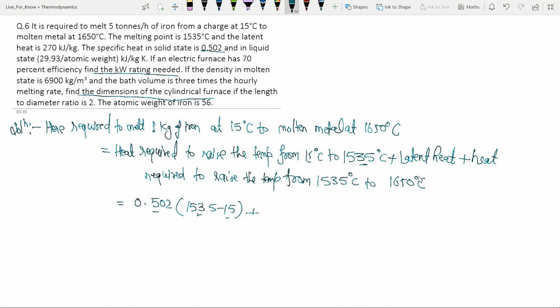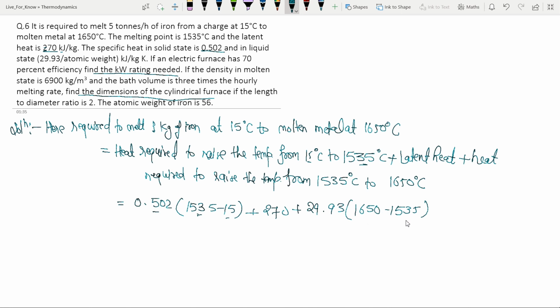Plus latent heat, which is 270, plus 29.93 into 1650 minus 1535.